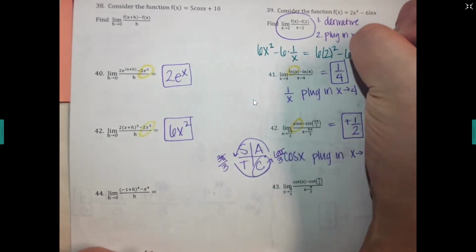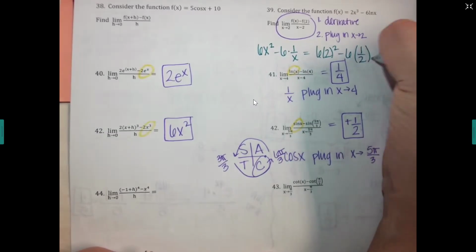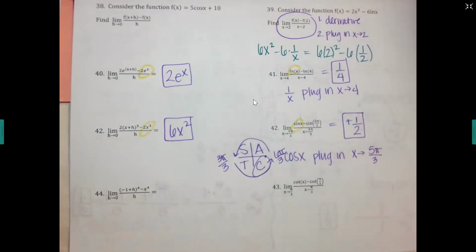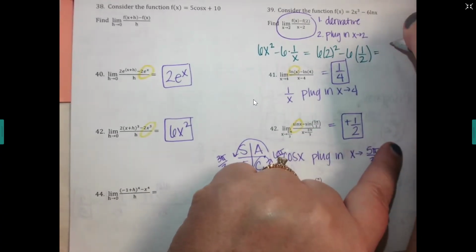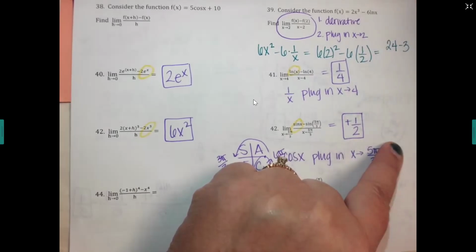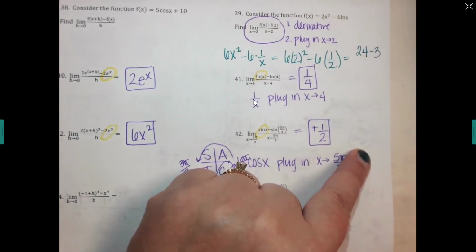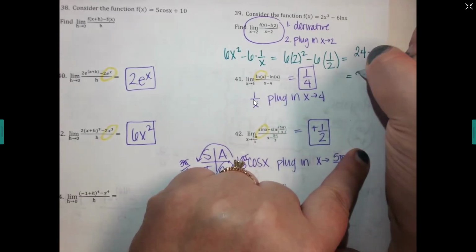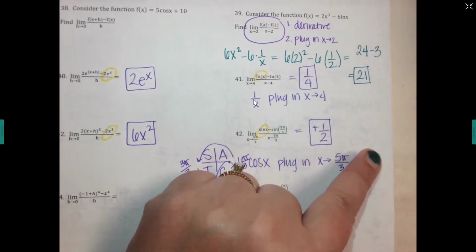And then minus 6 times a half. 2 squared is what? 4 times 6 is 24. And then half of 6 here is a 3. And then I would just subtract. So 24 minus 3 would be 21.